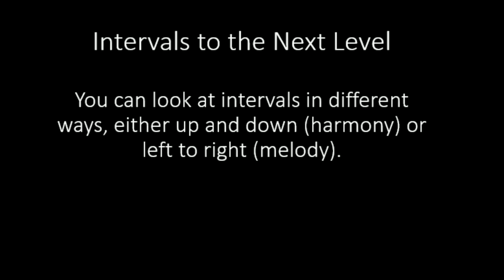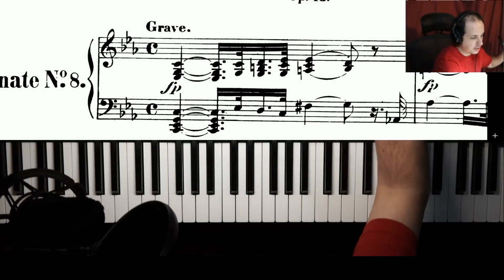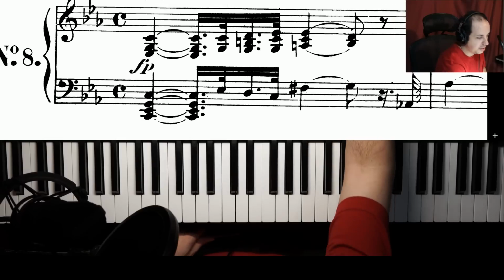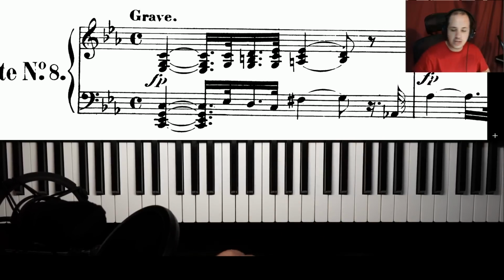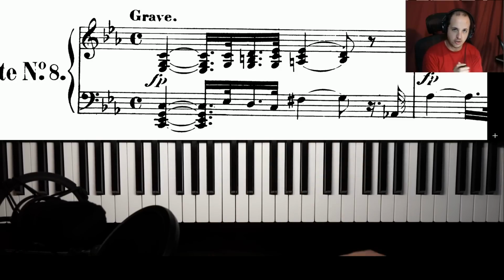Okay, next we're going to take intervals to the next level. You can look at intervals in different ways, either up and down, harmony, or left to right, melody. So what I mean by that is, let's look at this first measure here, the Pathetique Sonata. Now, this may look very, very complicated to you, but I'm just going to give you a generality of how you can read intervals.